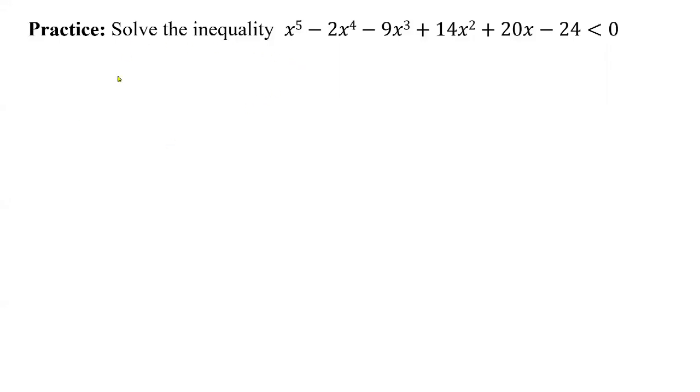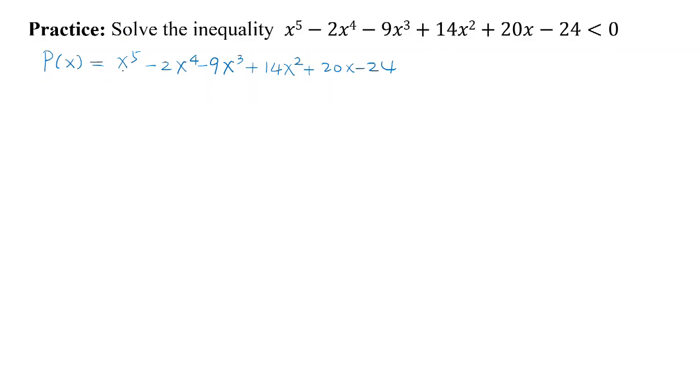All right, let's have a look at the solutions together. Okay, so first of all, we can let p(x) equals x to the power of 5 minus 2 times x to the power of 4 minus 9x cubed plus 14x squared plus 20x minus 24, right? And we want to sketch its graph.